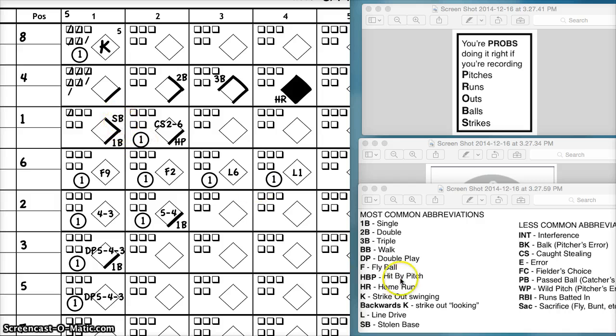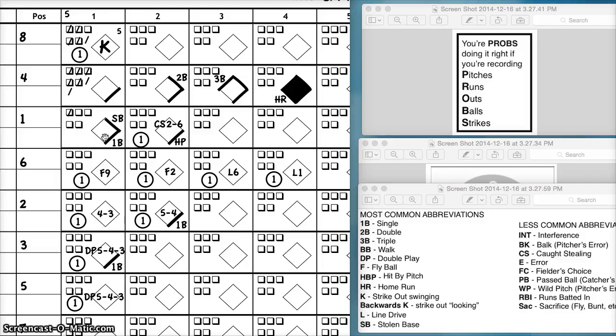That's what this SB stands for. If we look down here at our abbreviations, stolen base. So got to first base on a single, stole second, SB. If that person were to steal third, we would draw the line to third, write SB again over here. Steal home, draw the line to home, write SB, and then fill in the box. Pretty straightforward with stolen bases.